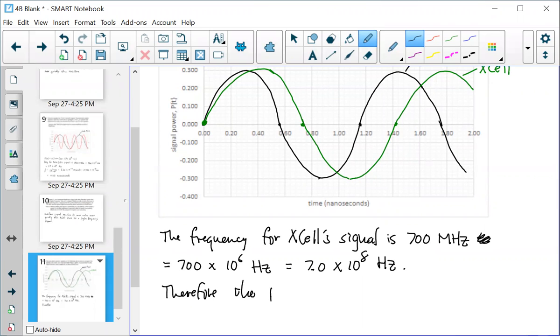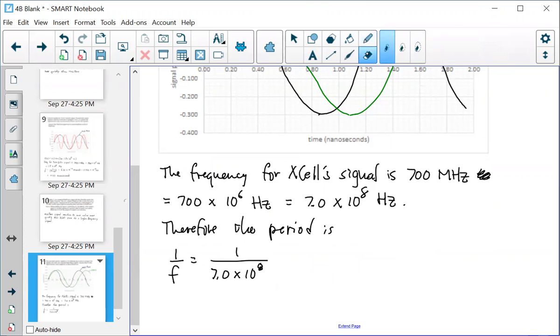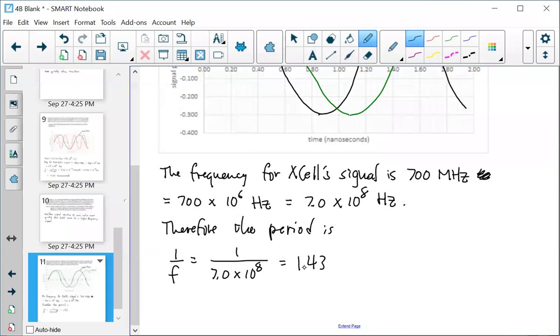Therefore, the period is 1 over the frequency, which is 1 over 7.0 times 10 to the 8, which equals 1.43 times 10 to the negative 9 seconds, which equals 1.43 nanoseconds.